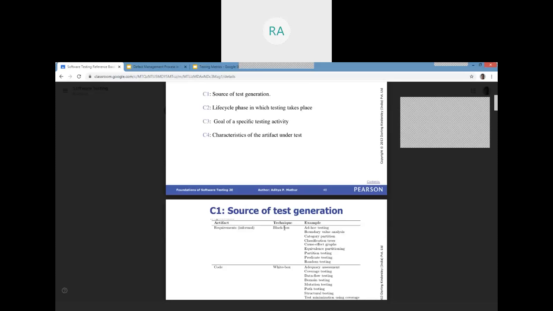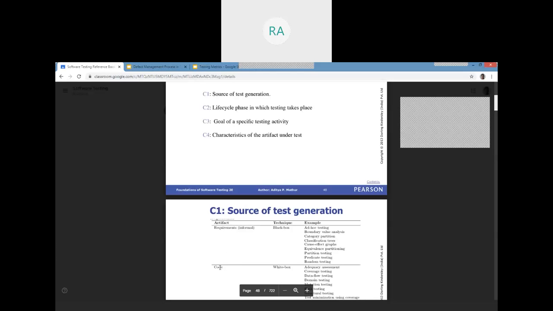How I have implemented it is not my concern. What are the functionalities that I am supposed to test? You are checking the functionalities of the software, and that testing process I call black box testing. So whenever the source of test generation is requirements, the technique is black box testing.